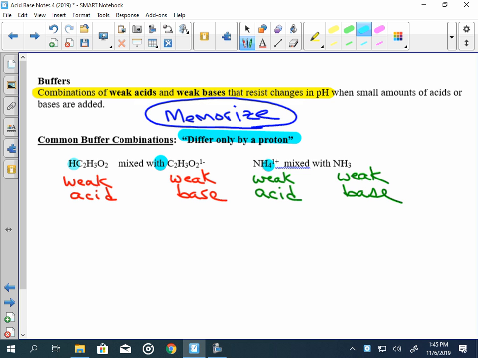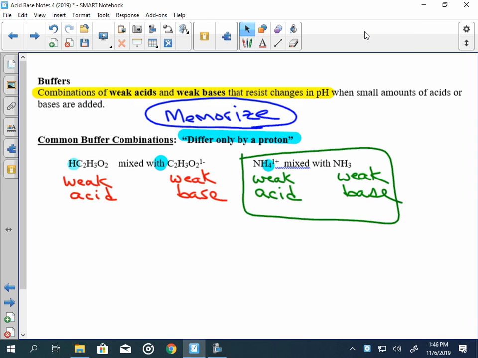The fish buffer is actually this right here. The ammonium system is alive and well in any functioning fish bowl. Okay? With the waste that the fish produce, it's in equilibrium. And depending on the pH of the system, you've got your ammonia, your ammonium ion, and it resists changes in pH.